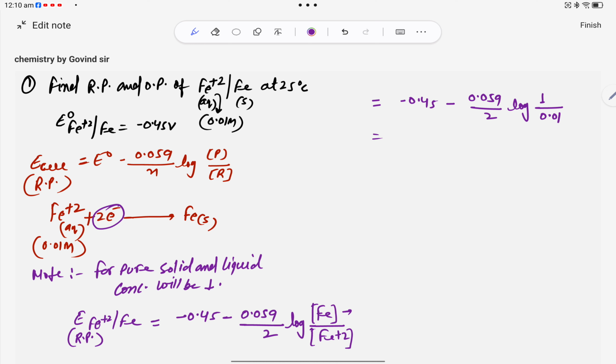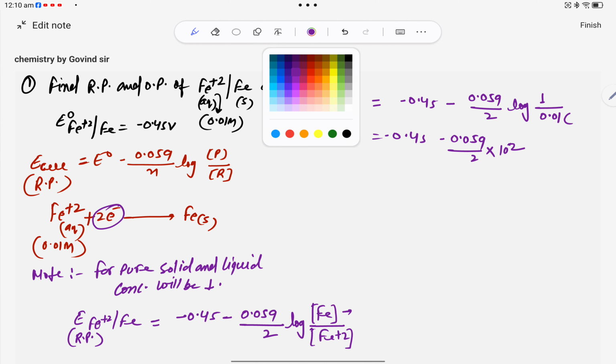So here minus 0.45, minus 0.059 upon 2, it will be equal to what? 10 to the power minus 2. So it will be 10 to the power 2.